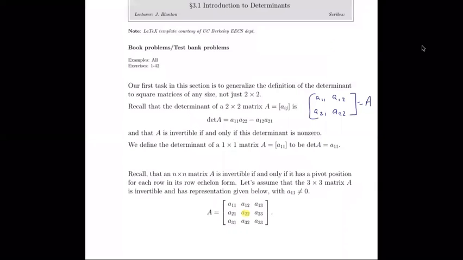And A22 would be the leading entry in the second row, and we'd assume it's non-zero and zero out below it. If it wasn't, we'd swap A32 and place it here. If we're going to have three pivot positions, we need them along the diagonal of this matrix, in these three positions. So we'd have to assume that this all holds.